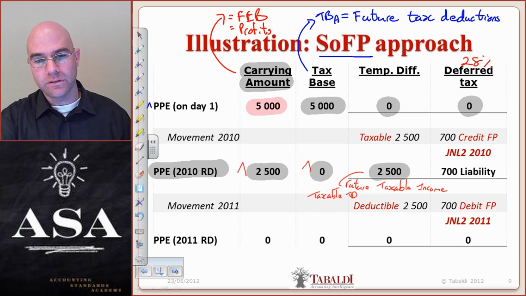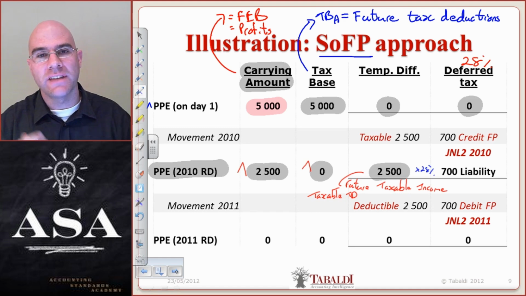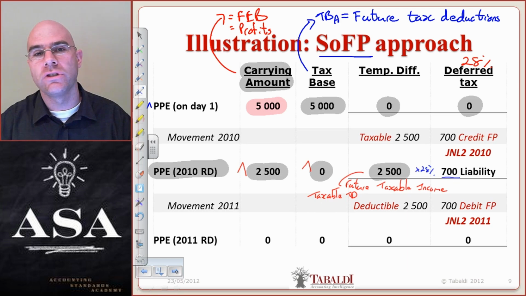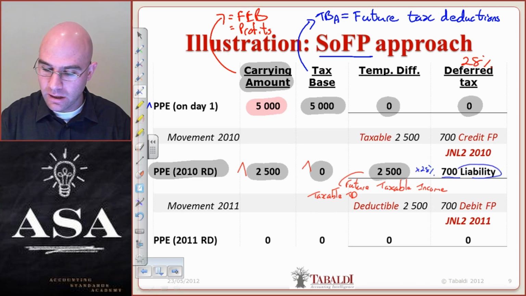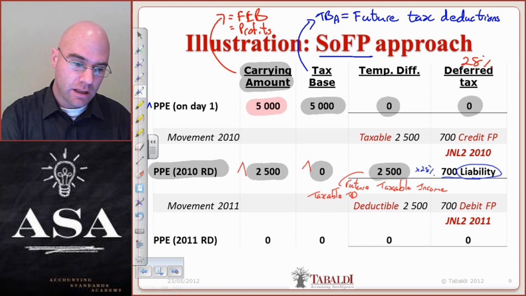Okay, that temporary difference of 2,500 when times by 28% will give me the future tax consequences of that future taxable income, i.e. a 700 Rand future tax obligation. We expect to pay 700 Rand tax in the future, extra. Therefore, it's a liability. So the movement thereof is what I'm after.